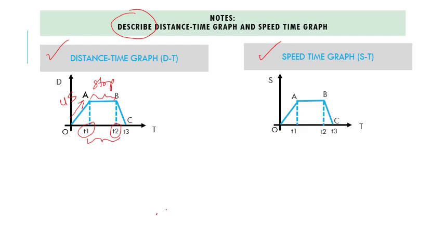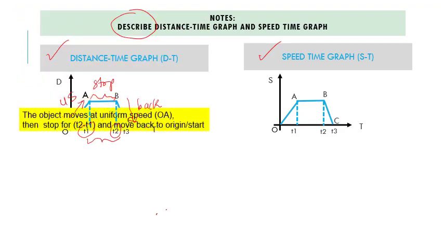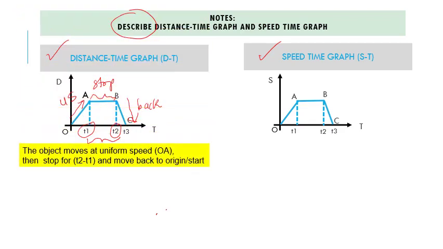And then after that, it goes back to the start. So in words, you say the object moves at uniform speed, that is OA, then stops for T2 minus T1, and moves back to origin.